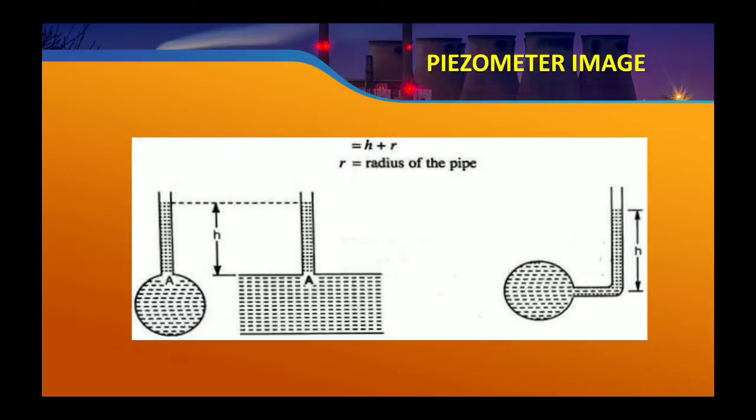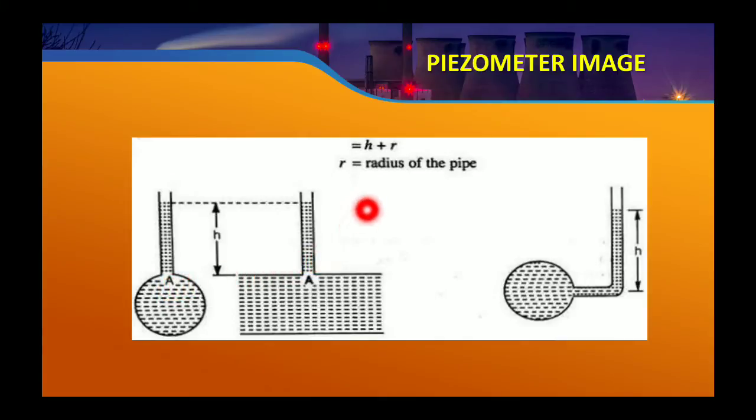Now you can see here the image. As we discussed in the previous slide, that is the height of the pipe, and one end of the pipe is at the atmosphere, and at the other end a closed vessel or closed chamber is attached.